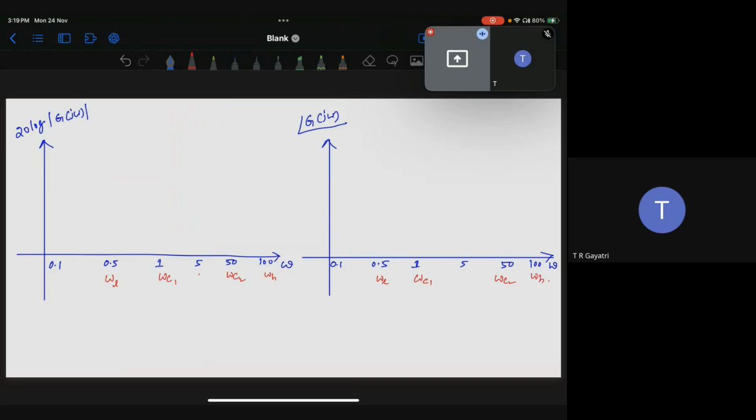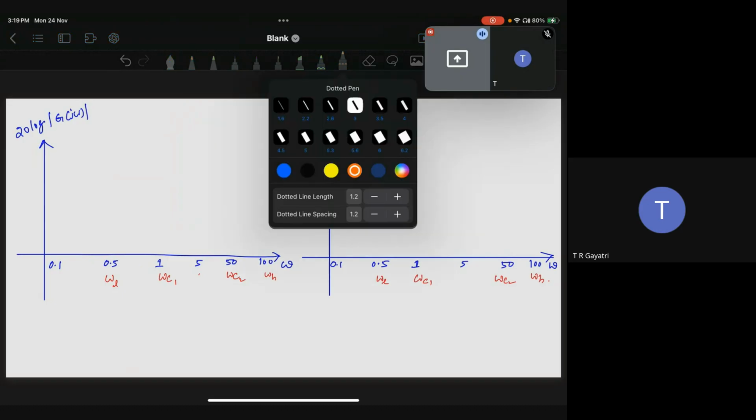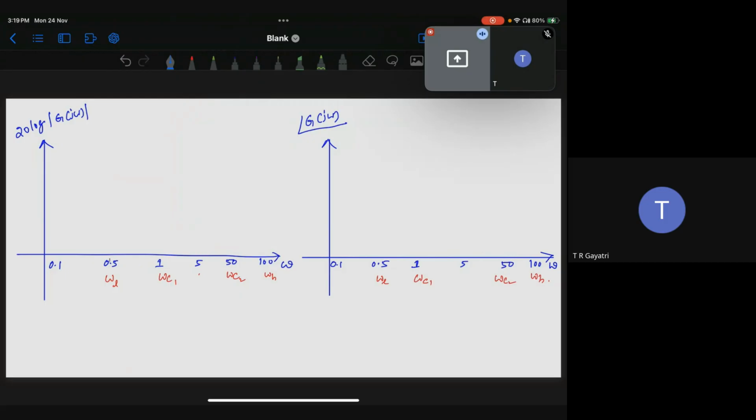Now look at the values which we have calculated. At omega L, we calculated the magnitude as minus 12 dB.